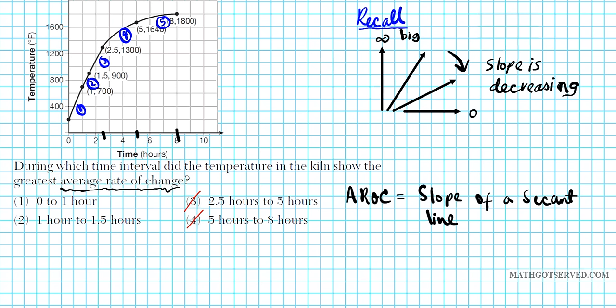Now, which one is more slanted than the other? Is interval 1 more slanted than interval 2, or interval 2 more slanted than interval 1? Whichever one is more slanted, that's the correct answer. But in this case, it's very hard to tell which one is steeper or more slanted. So what are we going to do?